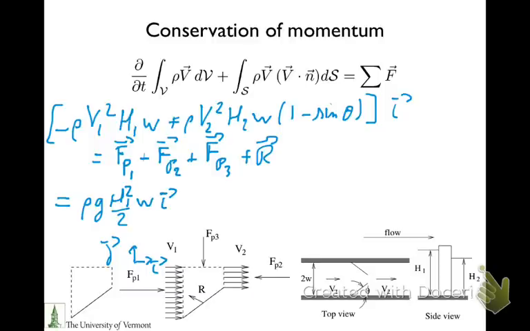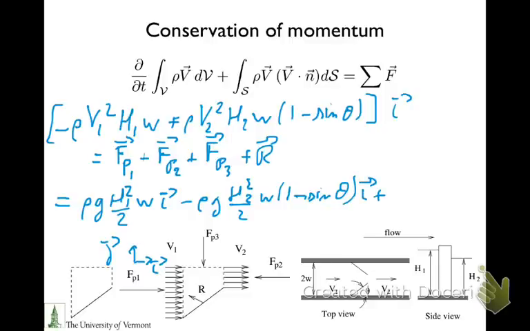Again, check the definition to figure out the signs of that force. FP2 is going to be minus rho g H2 squared over 2 W (1 minus sine theta), also in the I direction.